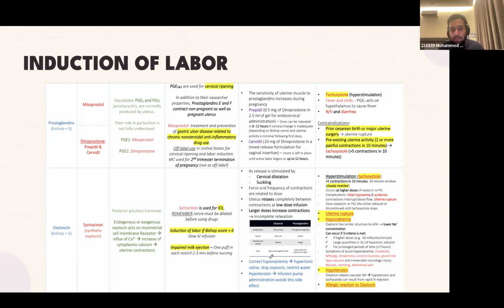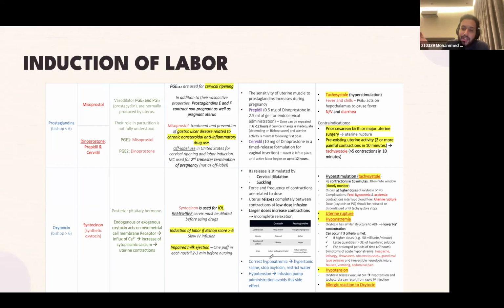If it's below 6, what drug do you want to give to induce labor? Prostaglandin. Excellent. Why prostaglandin? It will ripen the cervix. It will dilate the cervix. Excellent. It will continue that dilation till 10 centimeters, which is the maximum.